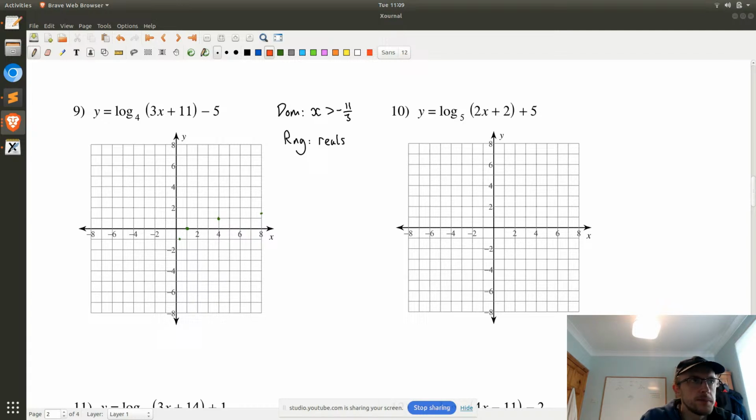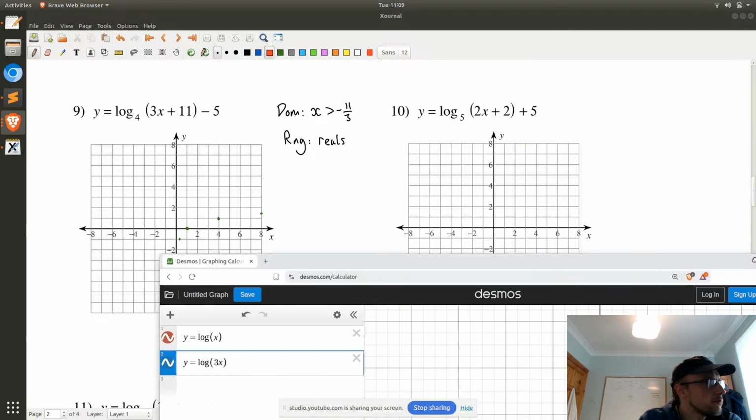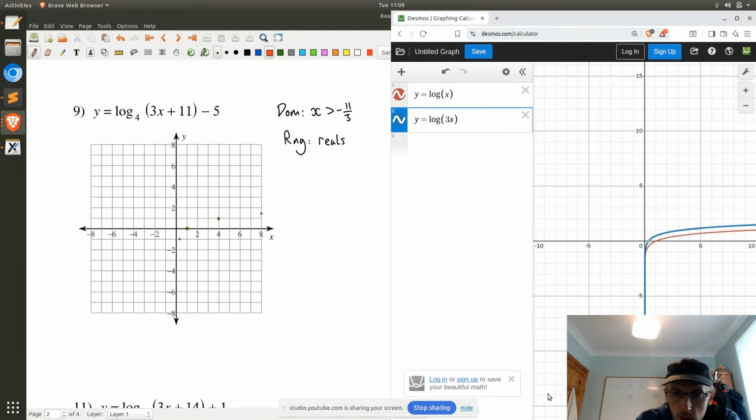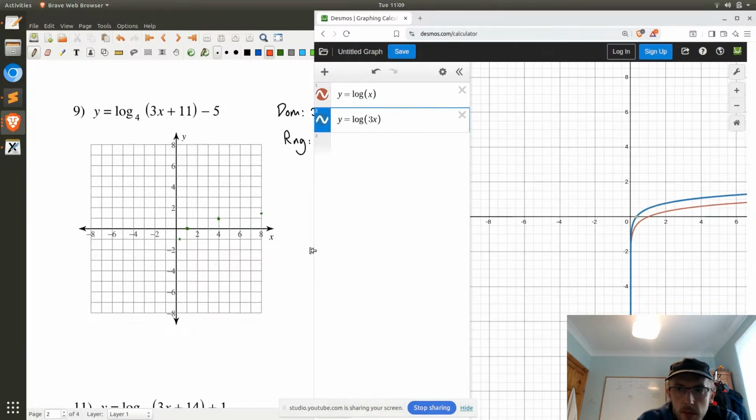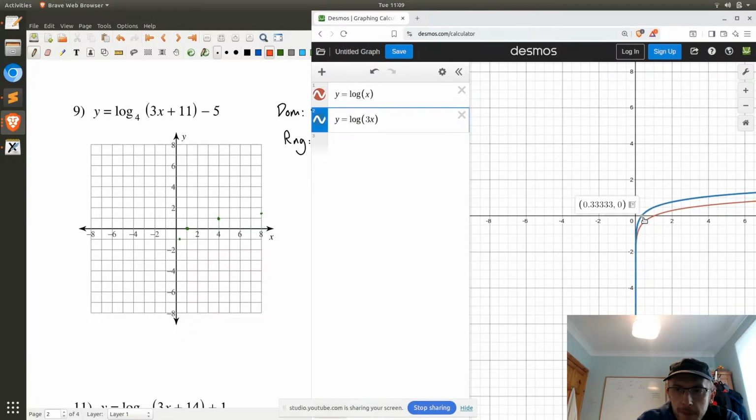Okay, so there's the effect of tripling.